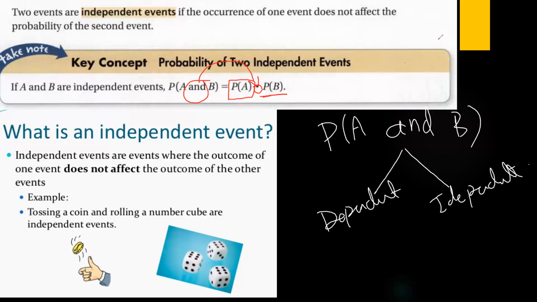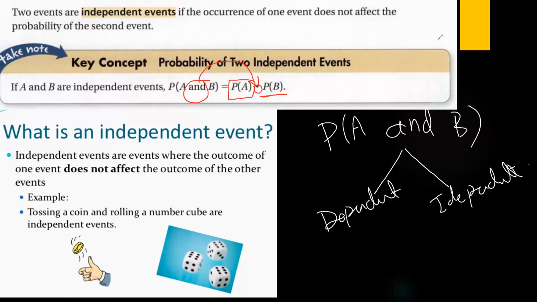Tossing a coin and rolling a number cube. Choosing your favorite subject and tossing a coin. If I choose that my favorite subject is science, and I toss a coin and the outcome is head, is there a relation between them? Again, as an example, two events. One of them, I asked you, what is your favorite subject? And the second event, tossing a coin.